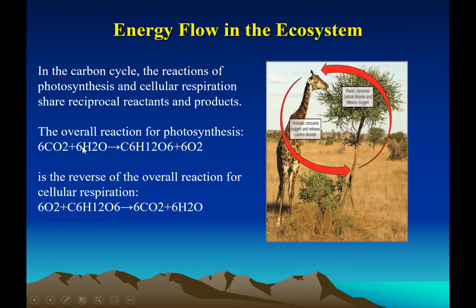See, the reactants of one are the products of the other. So that is why life on Earth is very, very tightly connected. So like we are interdependent. Animals are very much dependent on plants.